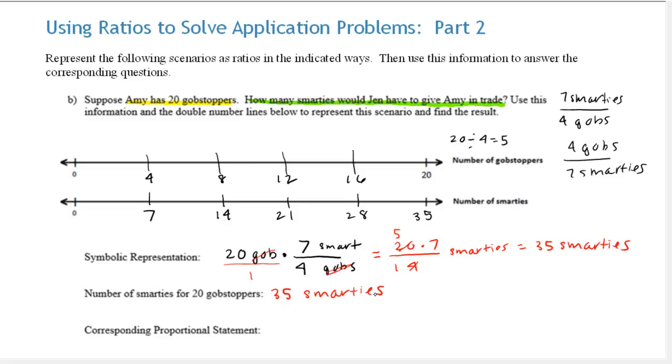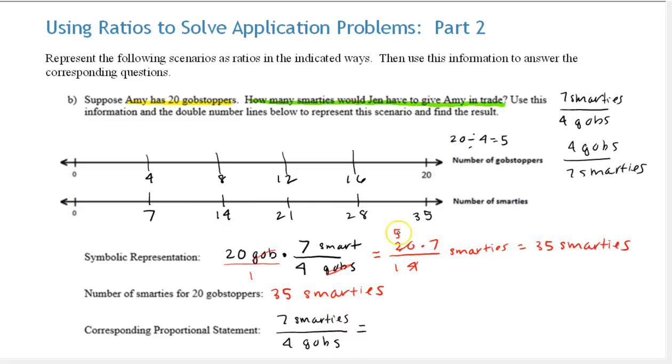Okay. Now let's write a corresponding proportional statement. And notice I said a corresponding. There's actually more than one, but we're going to write one that seems to apply most to this situation. So we use this ratio of 7 Smarties to 4 Gobstoppers, which I'll just write as 4 Gobs.